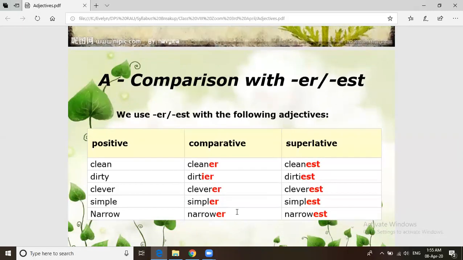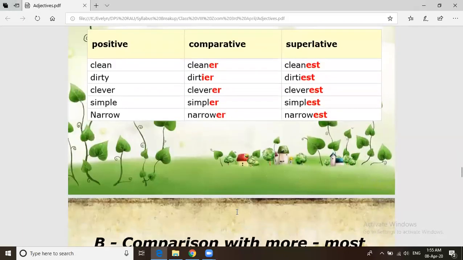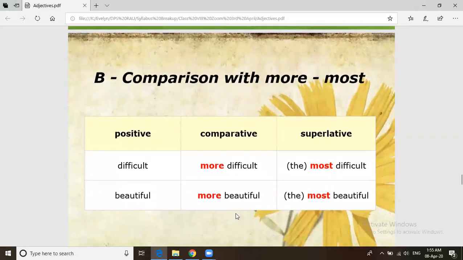Like clean, cleaner, cleanest; dirty, dirtier, dirtiest; clever, cleverer, cleverest. This is the easiest way to form comparative and superlative degrees. Now there is another way, and it is by using more and most. Difficult, more difficult, most difficult; beautiful, more beautiful, most beautiful.